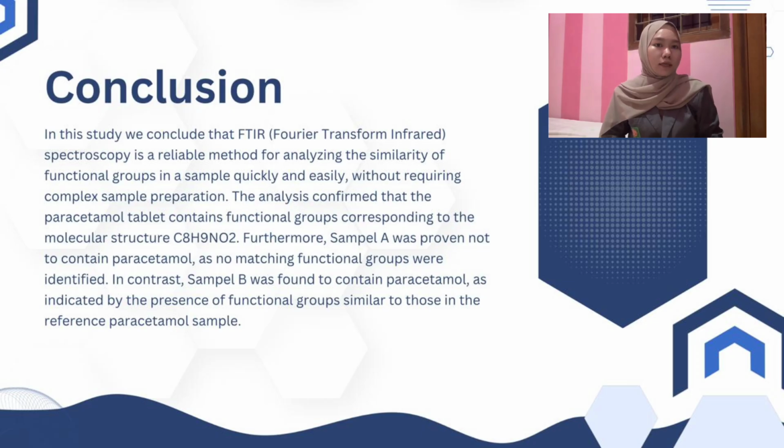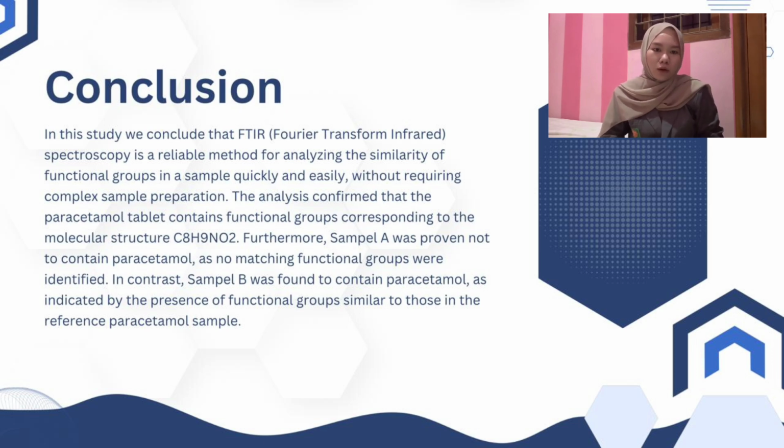Okay, for the last is the conclusion. In this study, we conclude that FTIR, or Fourier transform infrared spectroscopy, is a reliable method for analyzing the similarity of functional groups in a sample quickly and easily, without requiring complex sample preparation.